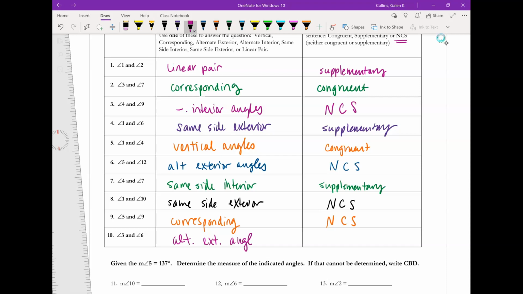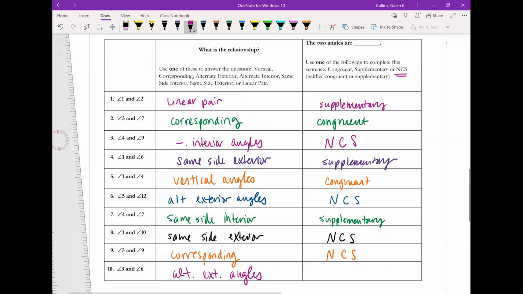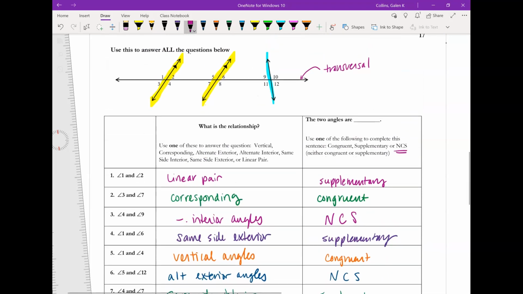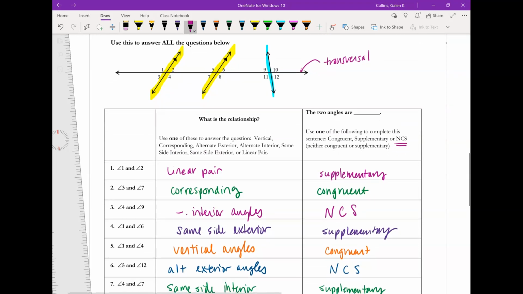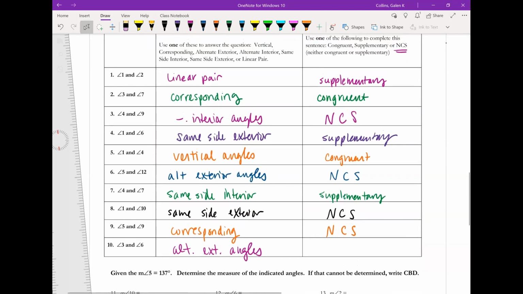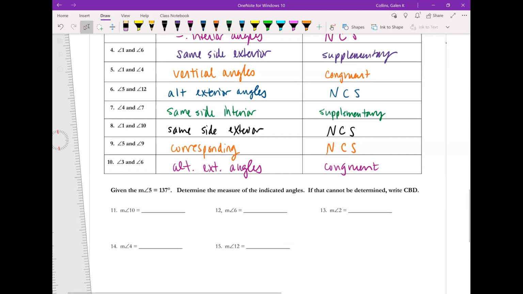And you can abbreviate as long as it's really clear what you're abbreviating. All right, and since those two lines are parallel, our alternate exterior angles, we said, are congruent when those lines are parallel.